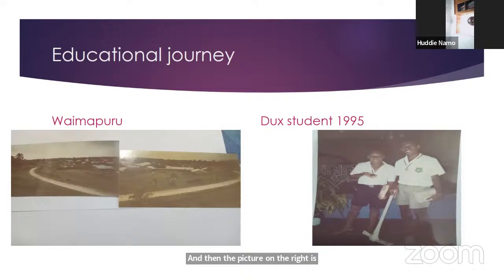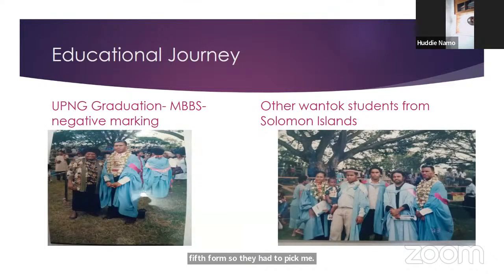Usually the DAC student is only for Form 6 students. But unfortunately, when they looked at the reports of Form 6 students at the time, they could not meet the requirements. So at the time, I did my 5th form, so they had to pick me.